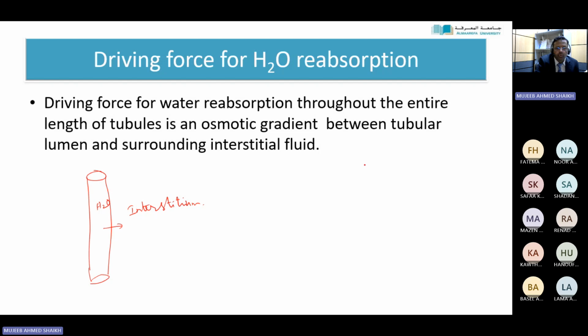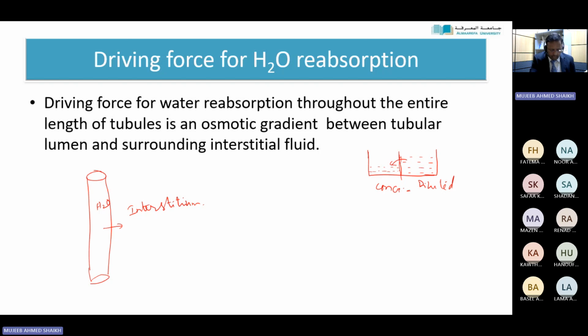If you remember, I showed you in the first lecture that whenever we say reabsorption of water, we have to create a difference. Suppose here is this much amount of water and here is a slightly bigger amount of water, and it is separated by a membrane. So water will move from its higher concentration to lower concentration, or you can say from diluted area to concentrated area, right?